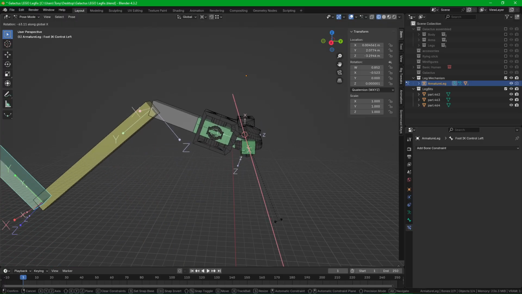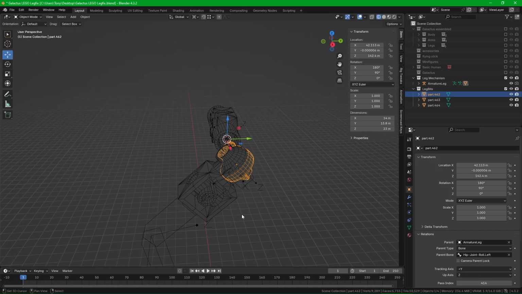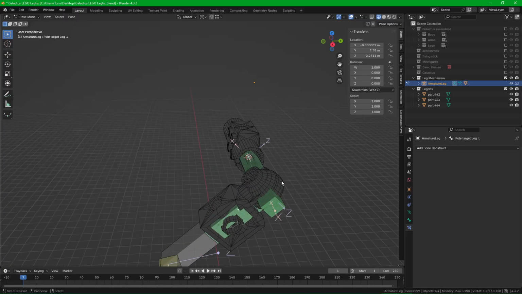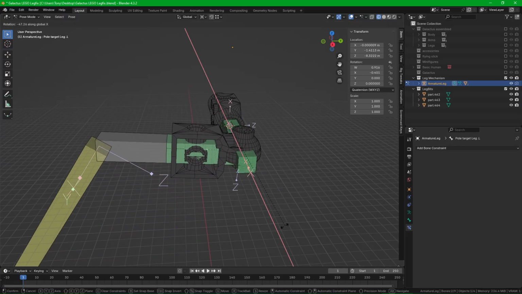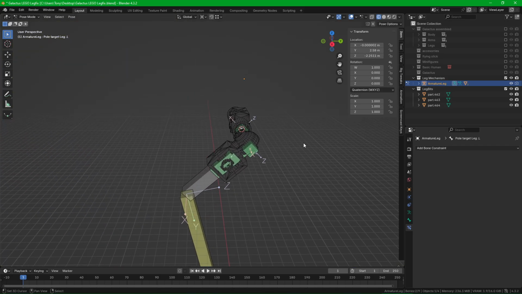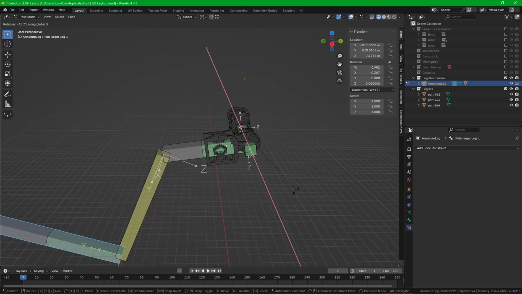So 90 degrees, yeah, see, this part here will stop rotating at 90 degrees. There, you see that? It stops because we've done the full 90. If you look in the top left of the window, it says rotation.